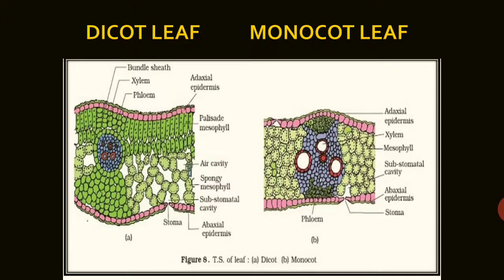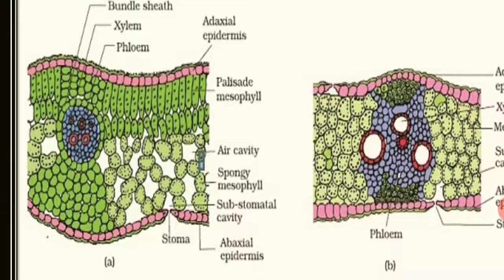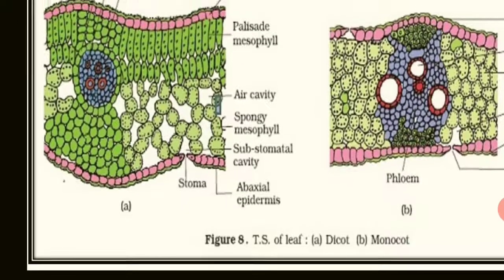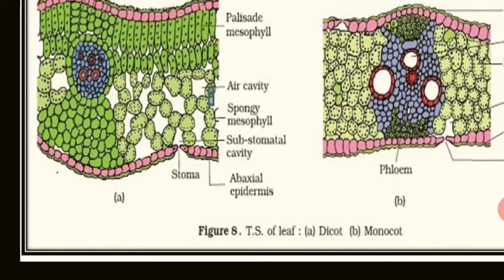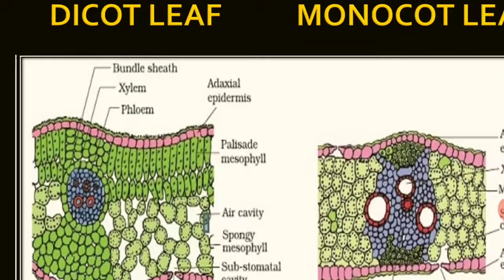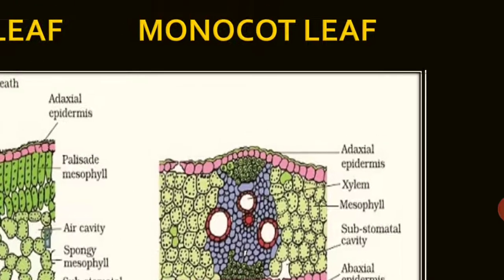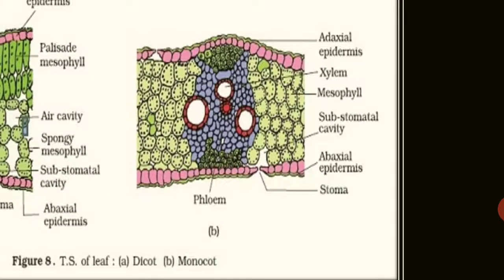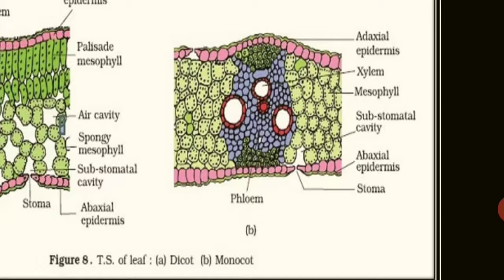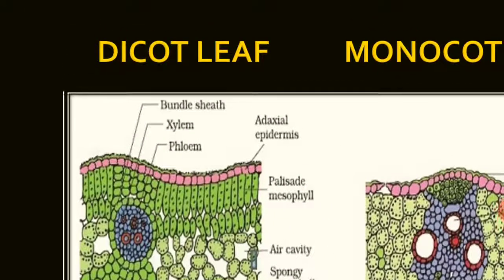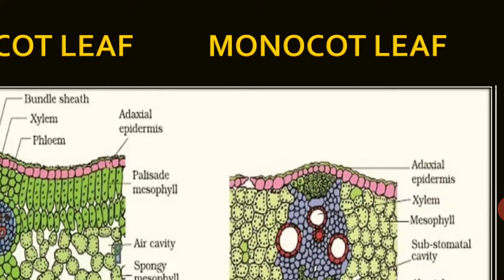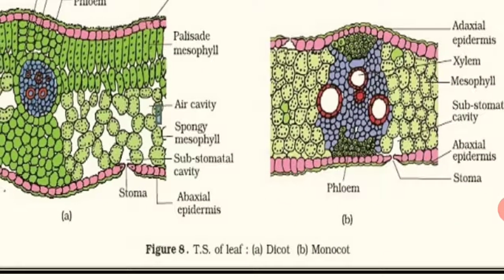Similarly, in the dicot leaf and monocot leaf, you can differentiate on the basis of the stomata and the vascular bundles. In the dicot leaf, stomata are found on the lower surface, and in the isobilateral leaf, the monocot leaf, they are found on both the upper and lower surfaces. The dicot leaf is known as the dorsiventral leaf and the monocot leaf as the isobilateral leaf.